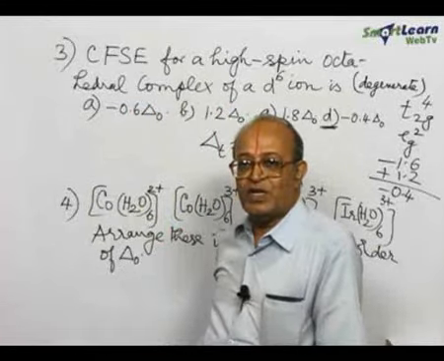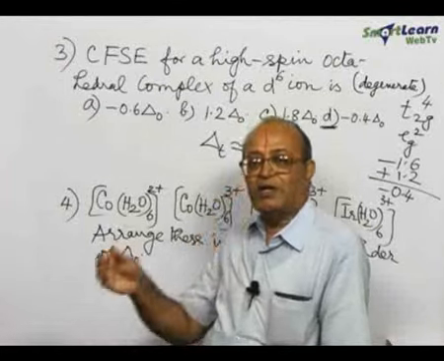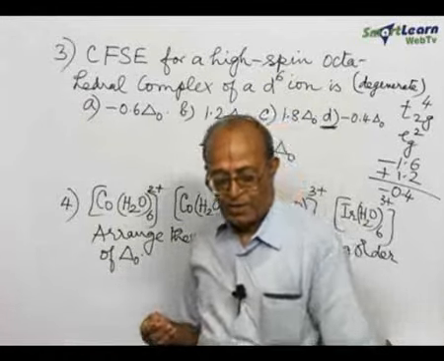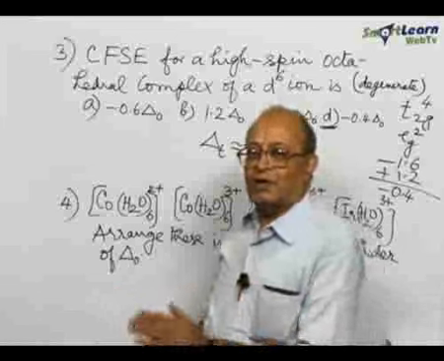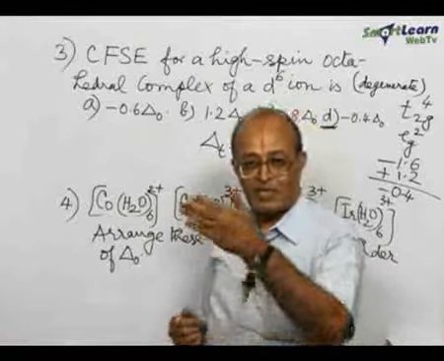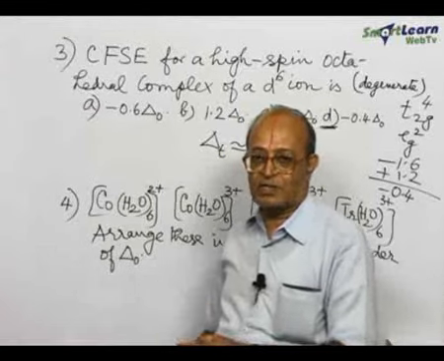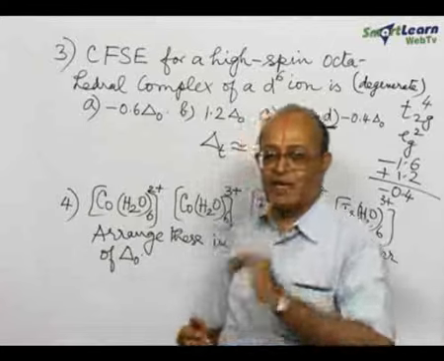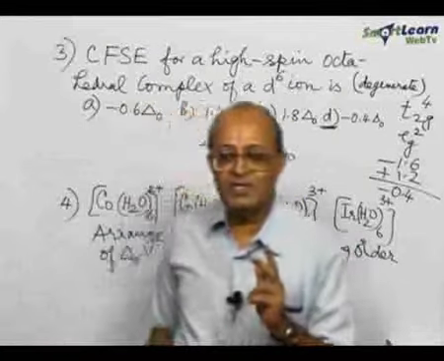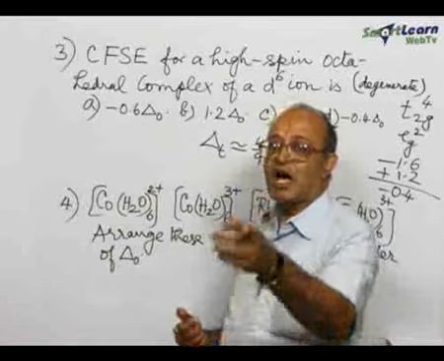So it is obvious, for each ligand there will be a different value of delta O, and from these you have got what is called the spectrochemical series. The strength of the ligand deciding delta O is arrived at. Nature of ligand. Number 2, second point which decides the magnitude of delta O is the charge.